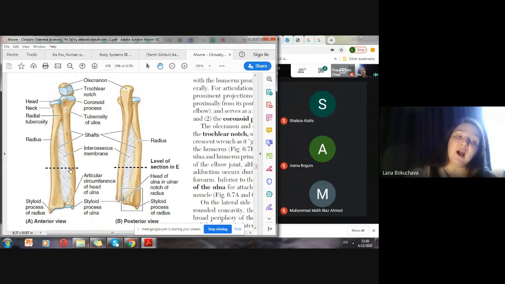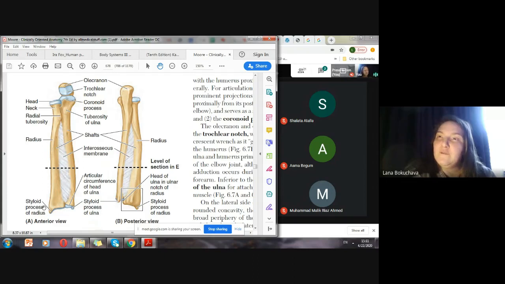In the case of the ulna, we again have the proximal and the distal regions, and the same for the radius. What I would mention here is that in the case of both of these bones, the proximal part or head of the ulna is much bigger than its distal end.